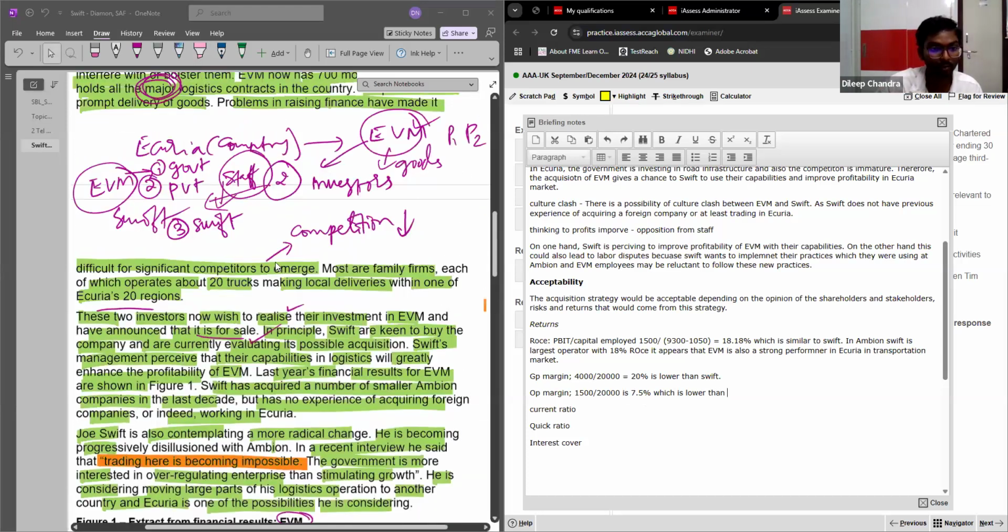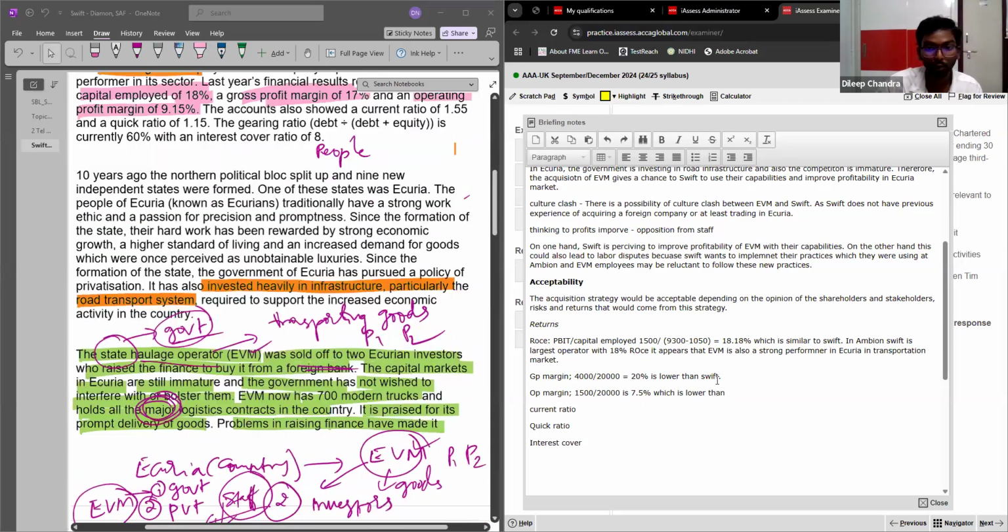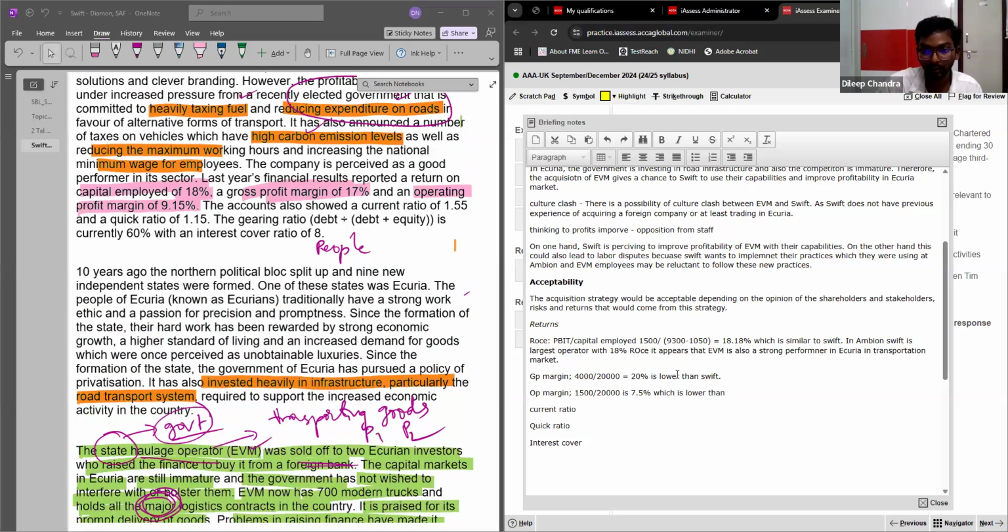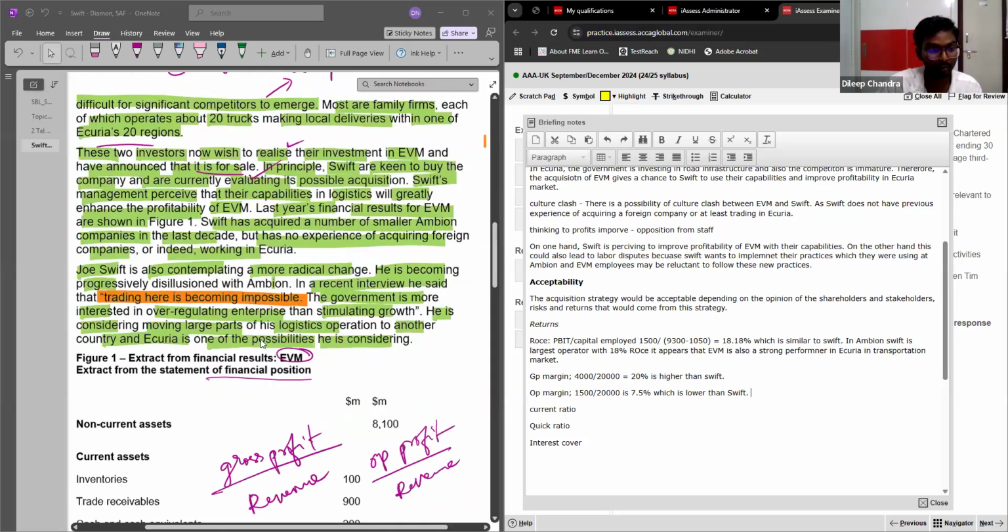Swift has a GP margin of only 17%. So EVM's 20% is higher than Swift, and the operating margin is lower than Swift. Operating profit is low while GP is high. So what could be the reason?